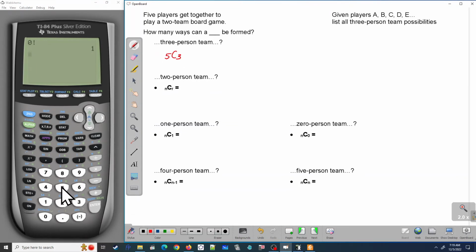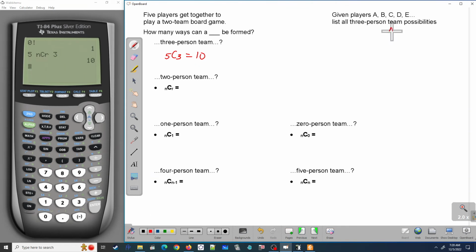And if I do that on the calculator, and I go 5, math, and I come over here to probability, and I choose nCr, and I enter, you'll see I get 10. So over here, what I'm going to do is quickly write out all 10 possibilities.